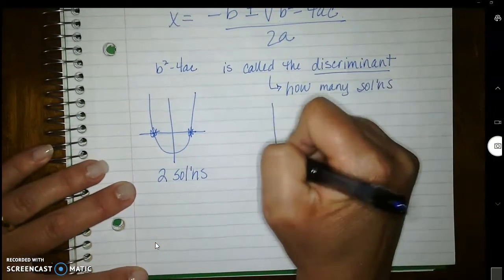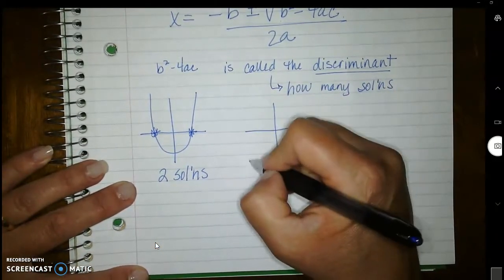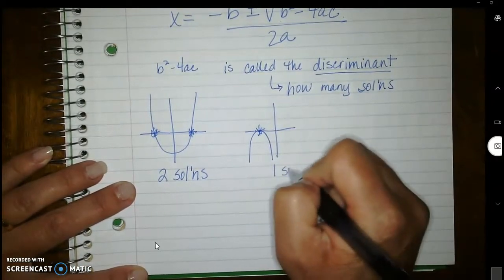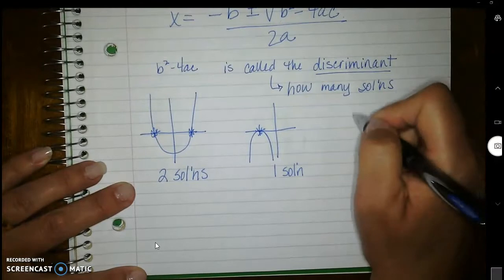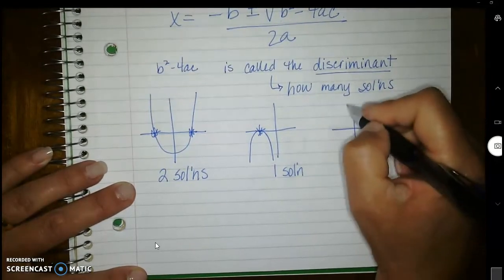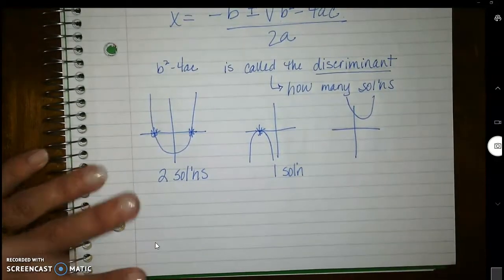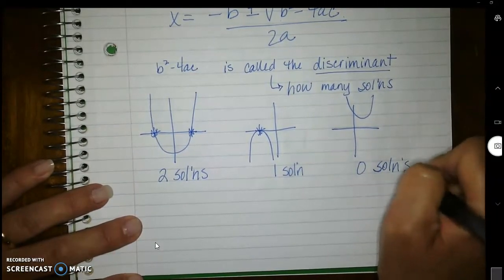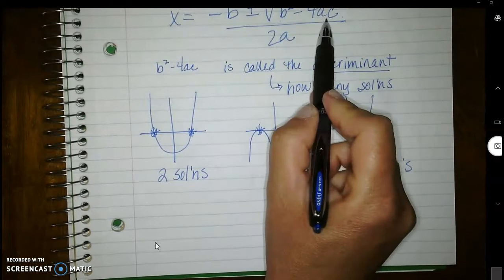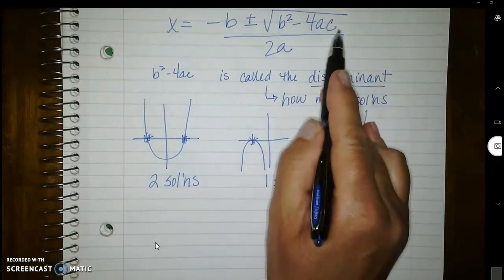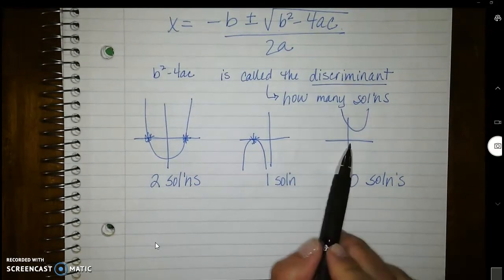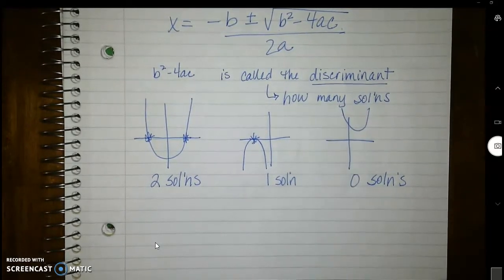Okay, if the quadratic equation just comes up and touches it one time, then it only has 1 solution. And then sometimes your quadratic equation didn't touch the x-axis at all, and it has 0 solutions. And so the stuff underneath the radical sign, the b squared minus 4ac, that discriminant is going to tell us which one of these happens, okay?